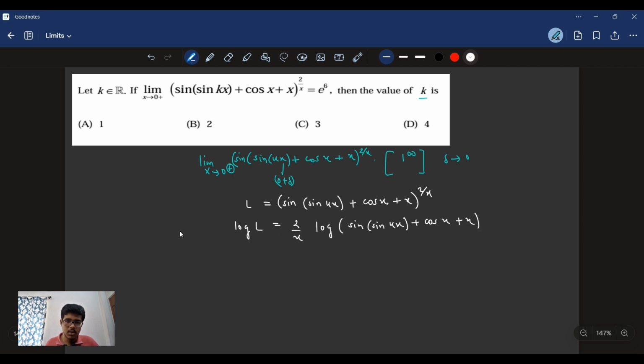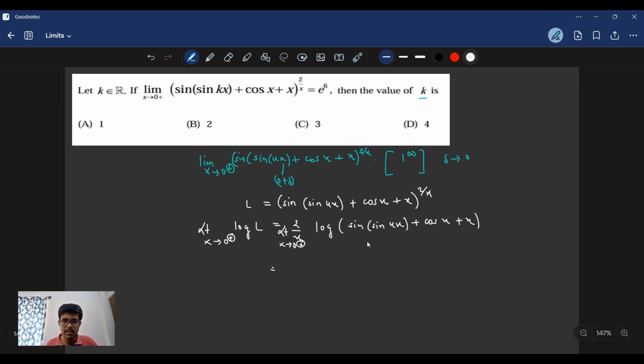Now in the next step, I apply limit x tends to 0 plus. As you can see, the expression inside the log is going to be 1 if I put x as 0 plus here, and 2 by 0 plus delta is also going to be 0.